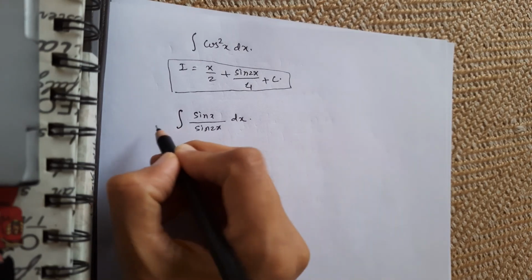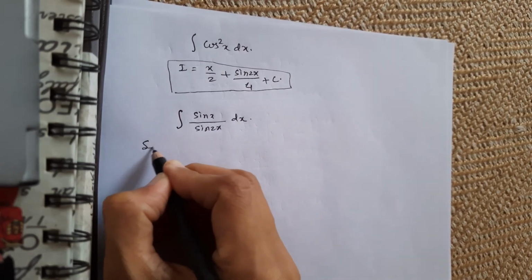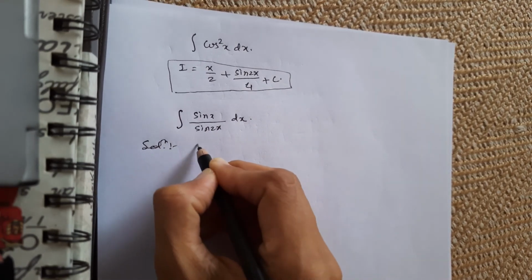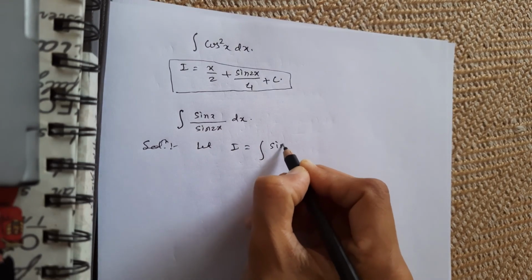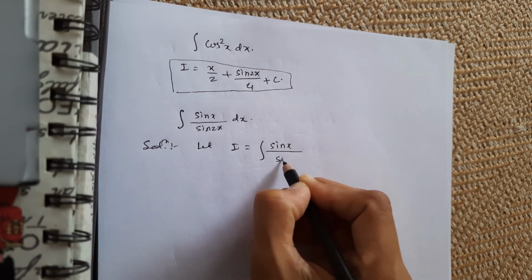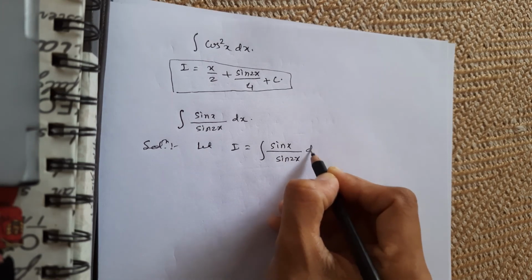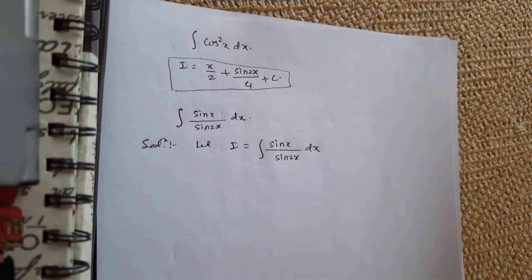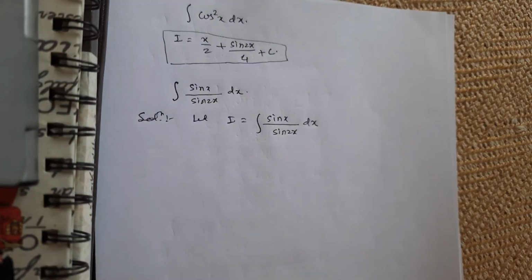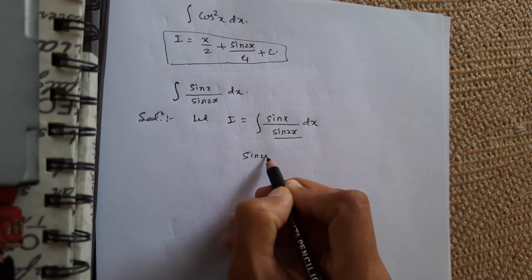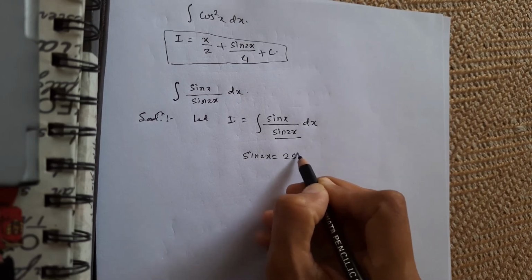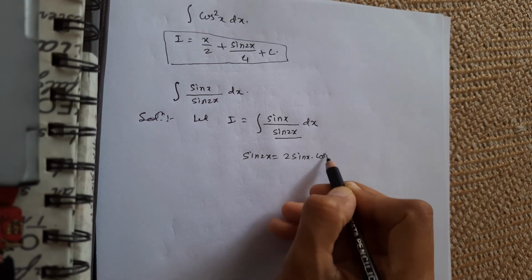Okay, just consider this example and solution. I will write it as, let I equal to integration of sin x upon sin 2x dx. Now again, this is a complicated kind of problem. I don't know how to solve it directly, but I know that sin 2x can be simplified as 2 sin x into cos x.